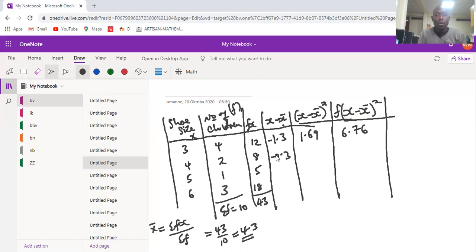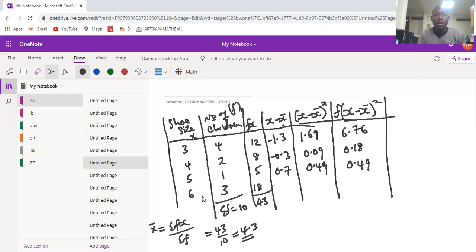you get it is going to be 6.76, like that. You come here, you find 4 minus 4.3 is negative 0.3 squared. You get it is 0.09 times f, which is 2, which is the same as 0.18. You come here, which is now x is 5 minus 4.3, which will give you 0.7 squared, which is the same as 0.49 times f, which is 1, which is the same as 0.49.